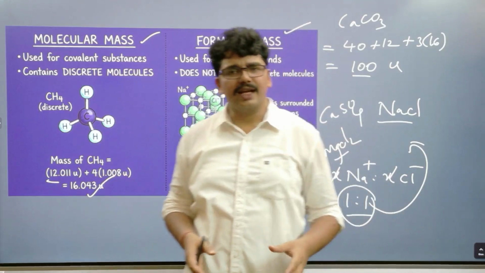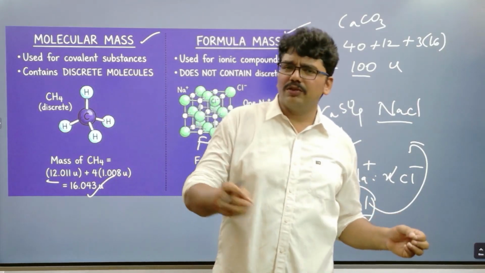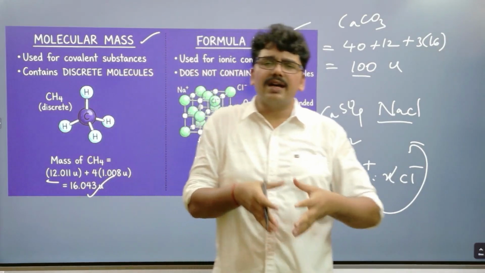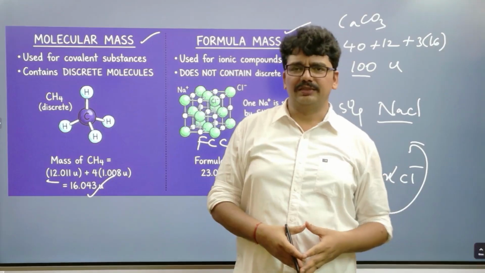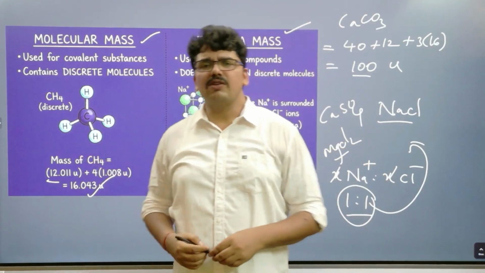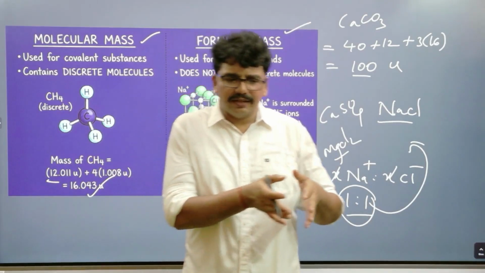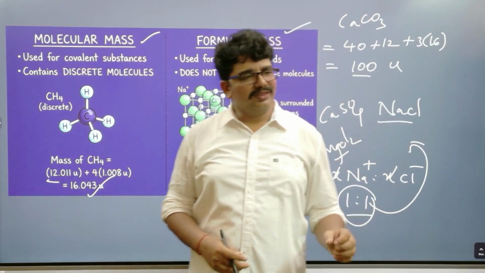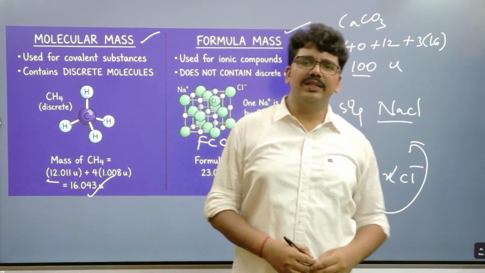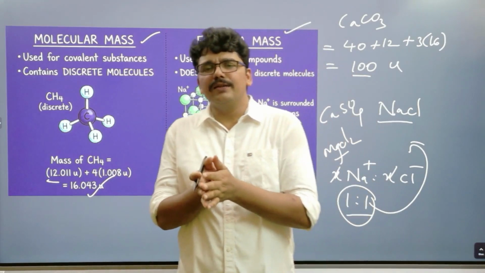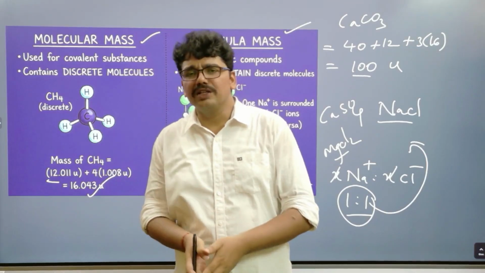In sulfur dioxide gas, a huge number of SO2 molecules are there, and they are attracted by intermolecular forces. If intermolecular forces are very high, it is available in solid state. If intermolecular forces are medium, it is available in liquid state. If intermolecular forces are very low, it is available in gaseous state. So covalent compounds have individual, discrete molecules.